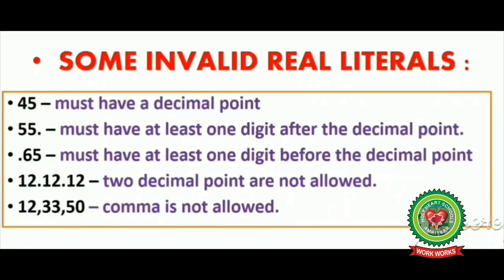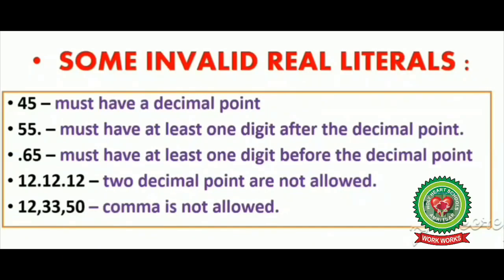Next are some invalid real literals. Number 1, 45: it must have a decimal point. If there is no decimal point in a real literal, that literal is invalid. Number 2, 55 point: it must have at least one digit after the decimal point. We can see that after 55 point there is no digit, so this is invalid. Next, .65: it must have at least one digit before the decimal point.